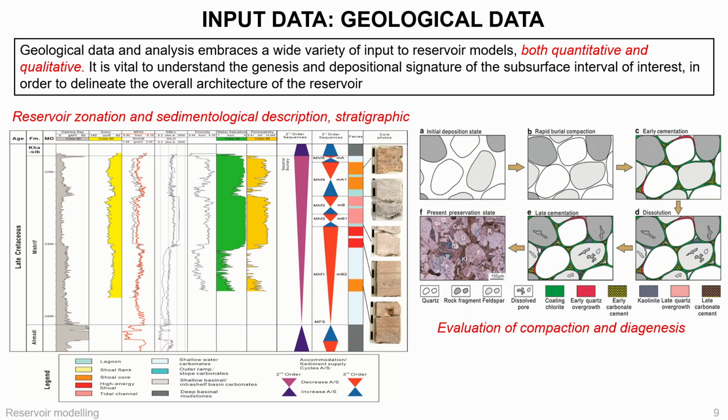Geological reasoning tells you what shapes are plausible, what stacking patterns make sense, and where barriers or baffles likely exist. Without geological input, property modeling becomes a purely numerical exercise that may produce visually smooth but geologically incorrect results.